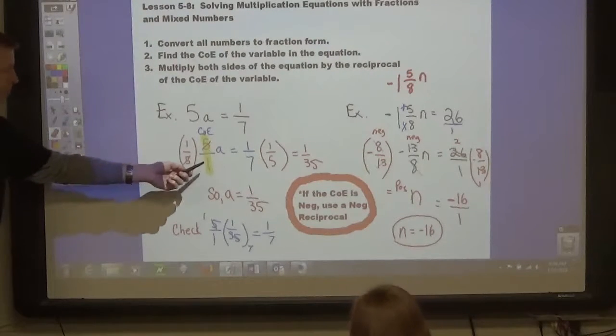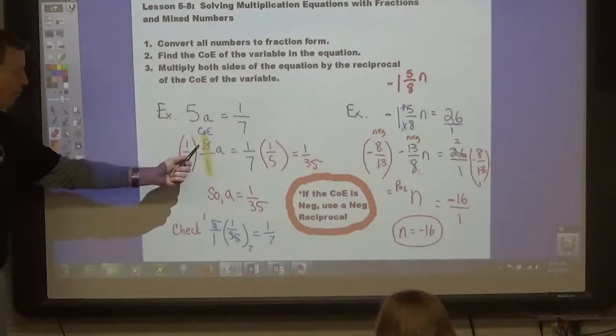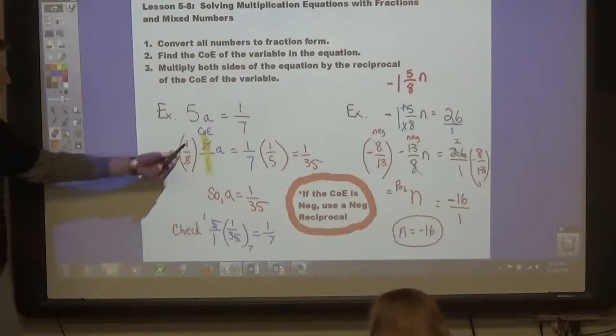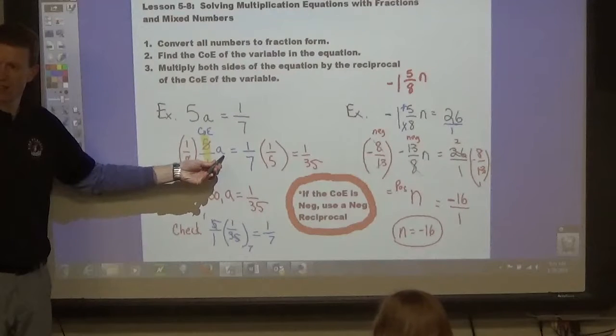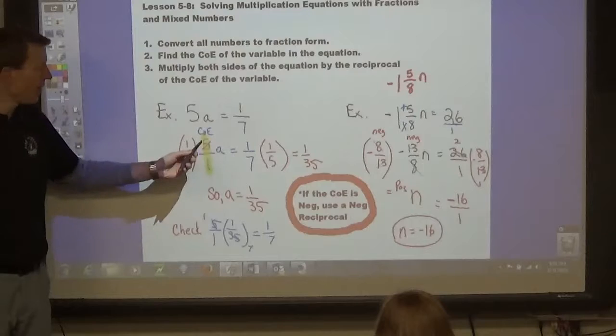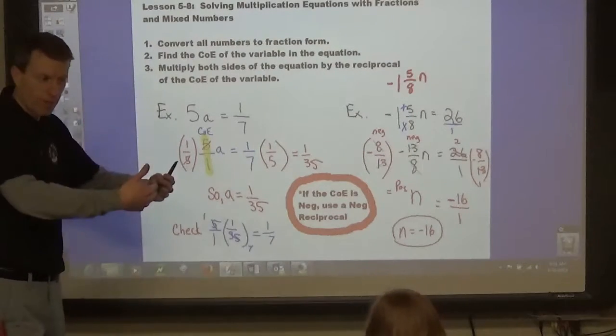So in this one, once we write 5a as a fraction, you write it as 5 over 1a. 5 over 1a, that 5 over 1 is the number that's right next to the variable, isn't it? Look up here. And that means that that's the coefficient. That number right next to the variable is the coefficient.